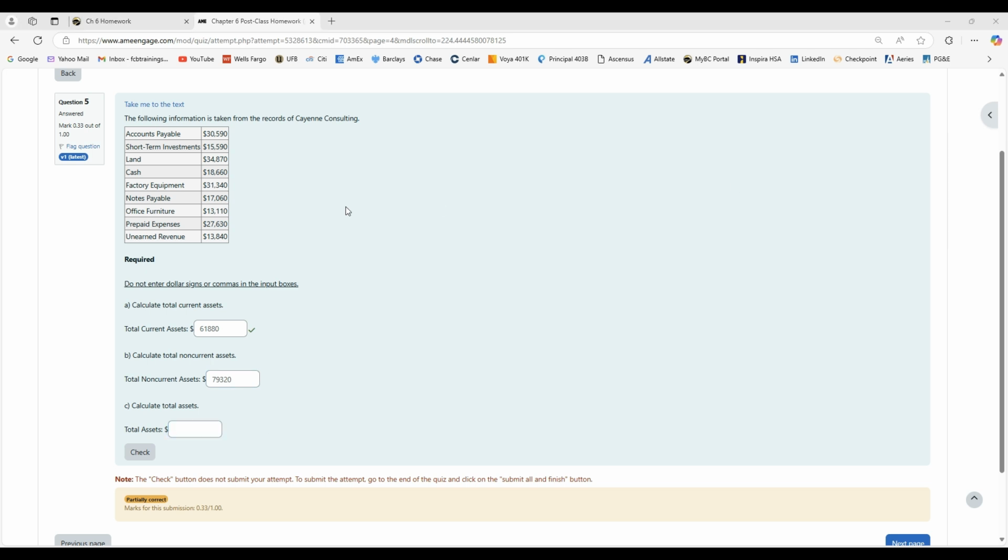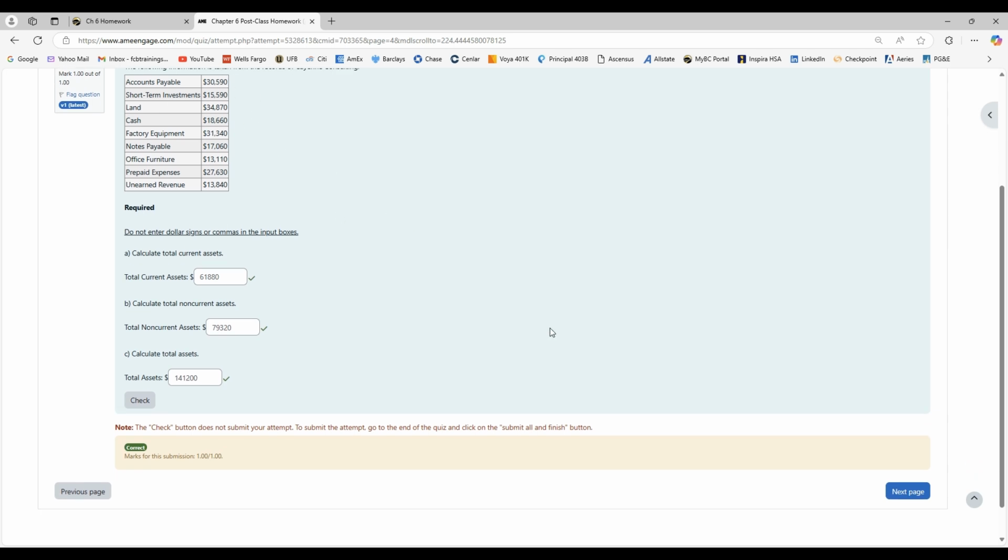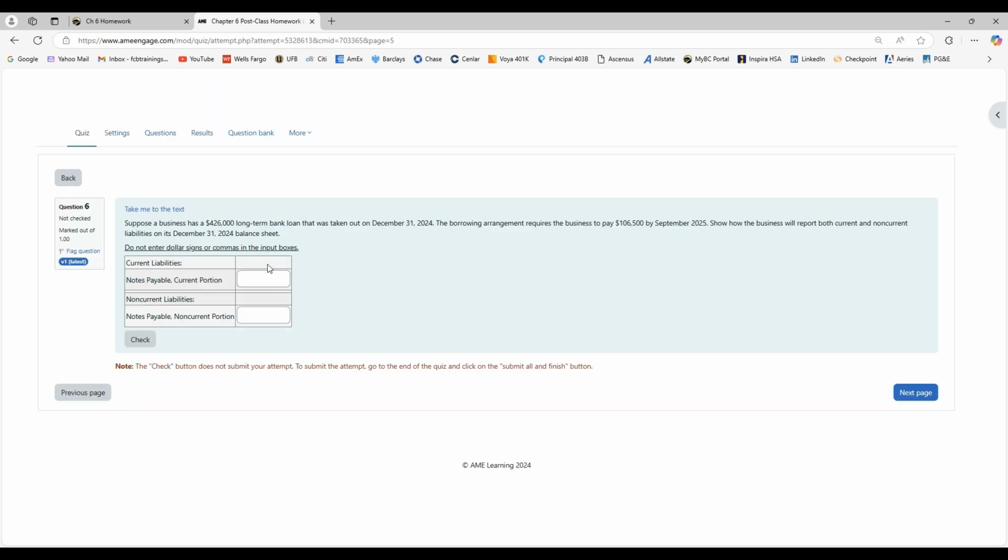And then just adding those together, current assets plus non-current assets equals total assets. Then we get 141,200 and 100%. Okay. Perfect. So, not a super involved problem, but it is good practice to be able to identify between current and non-current with all that stuff.